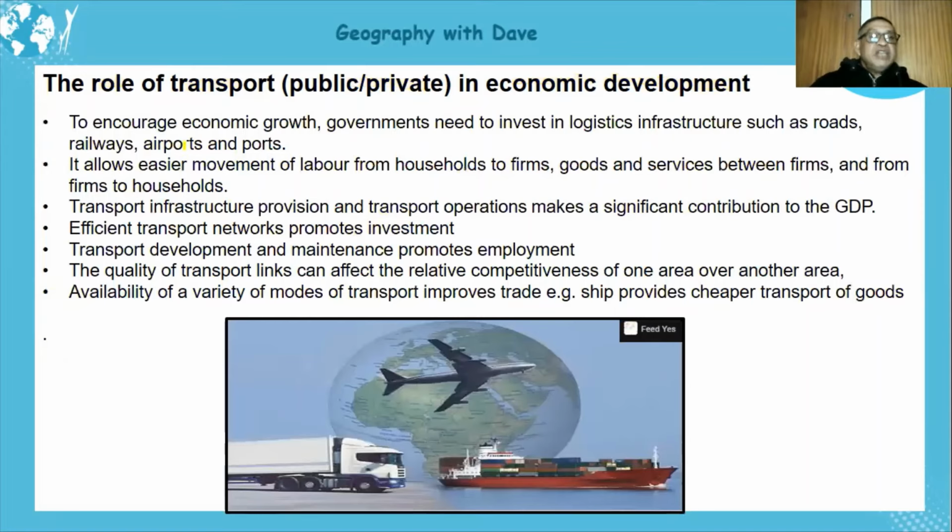The role of transport now for economic development. Okay, one thing it does is it encourages economic growth, because with better transport, you've got a harbor, you've got shipping, you've got trucks, you've got all these things, meaning that you have good road networks or sea travel or good airport facilities.